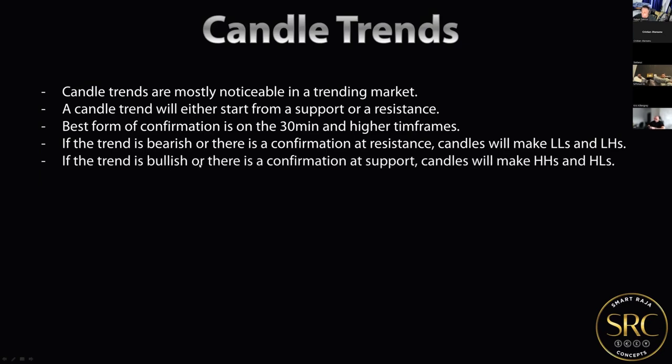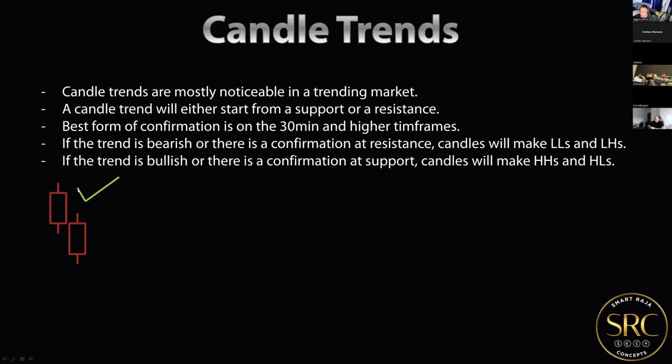If the trend is bullish or there's a confirmation at support, a confirmation at support means a bullish candle forming at support. That's the confirmation. If you have a healthy bullish candle forming at support, that's the confirmation, and that means there's a high probability for price to make higher highs and higher lows.